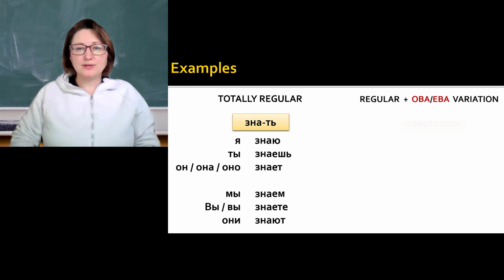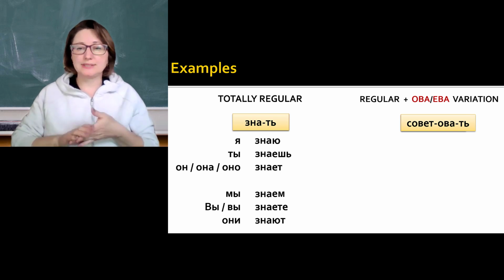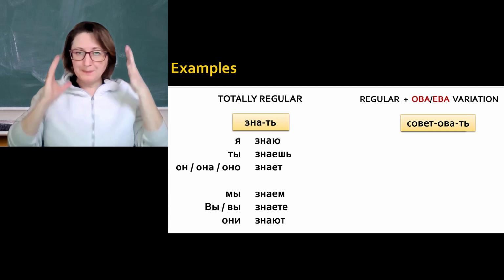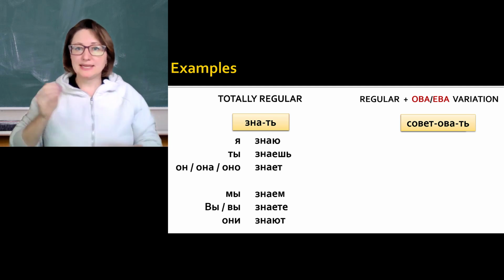Now with ова, jeva, let's take a look at the verb советовать, which means to give advice to somebody. So here again, the first step is to separate it into parts. And if in a totally regular verb, we just separated the ending, here we have to mentally separate the ending and that ova, jeva suffix.